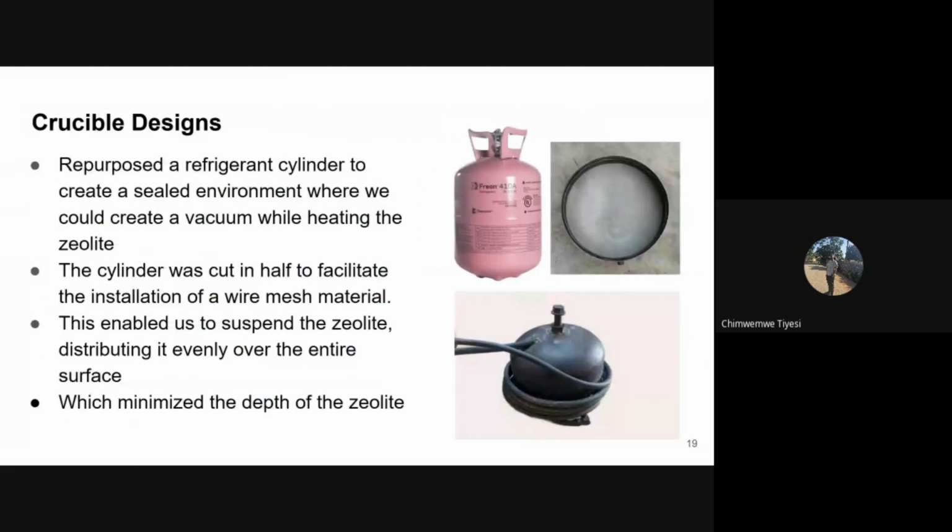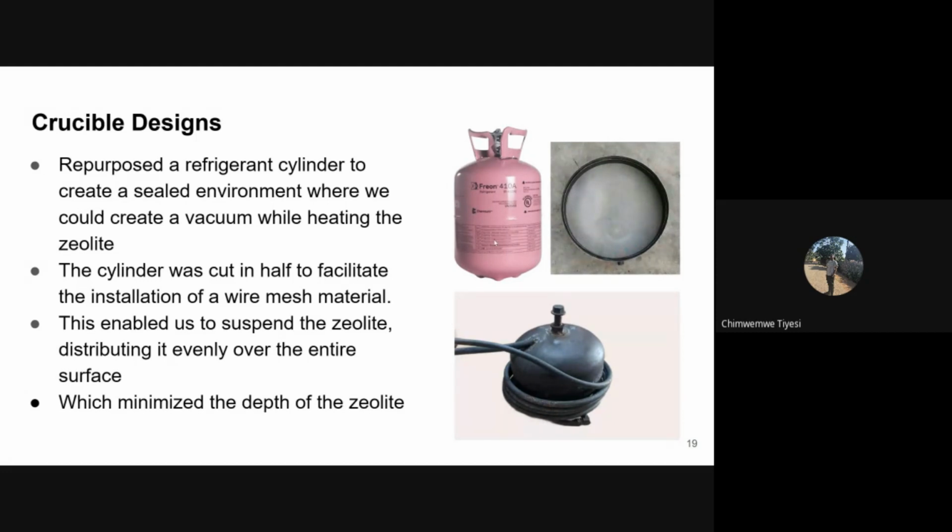Now I want to move on to the components and equipment used in the zeolite regeneration process. I'll start with the crucible. This is the tool that houses the zeolite during regeneration. To create a sealed environment within which we could create a vacuum or heat the zeolite, we repurposed and made several modifications to a steel refrigerant cylinder.